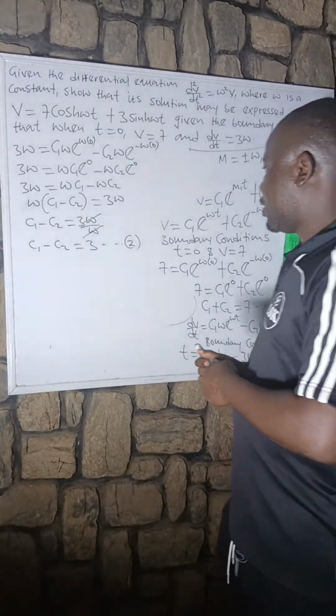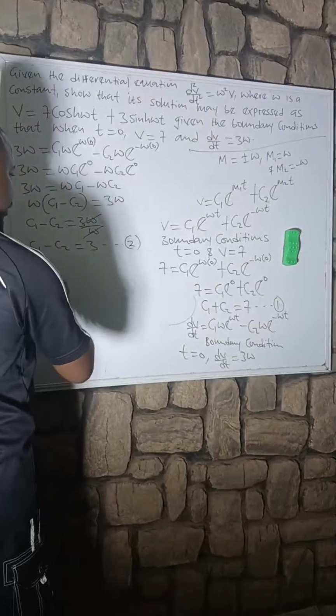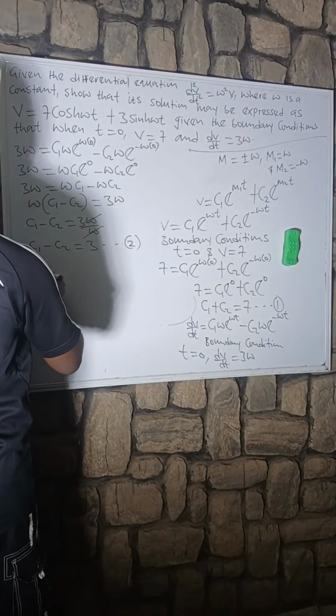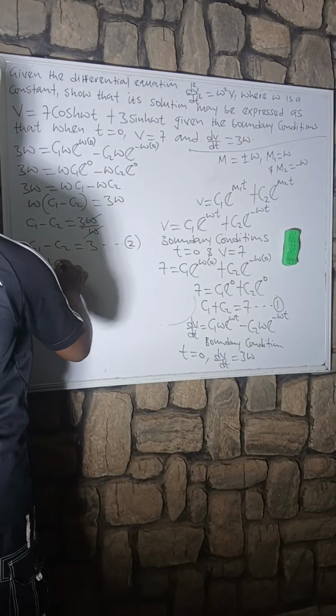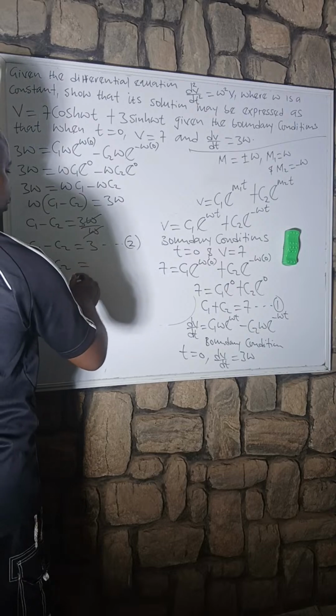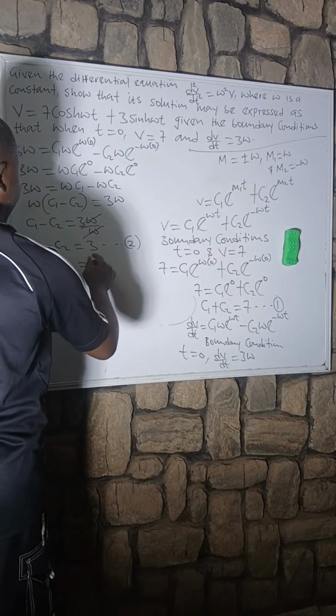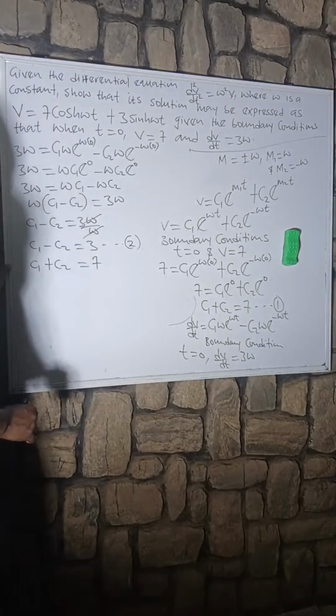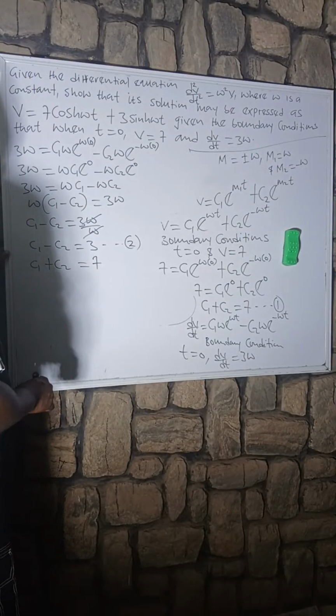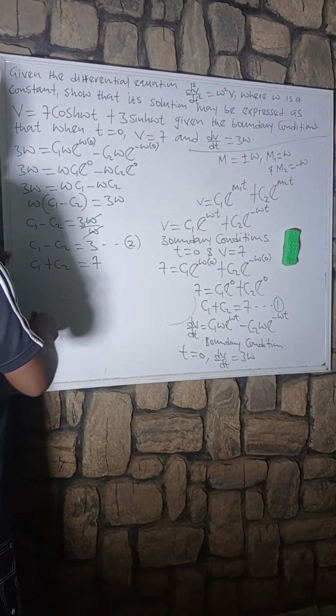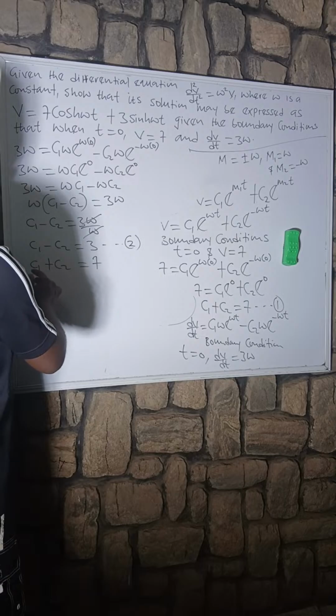So equation 1: c1 plus c2 is equal to 7, right? So far so good. As you can see now, using what? Elimination method, right?